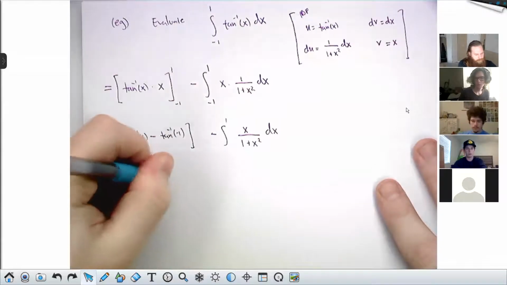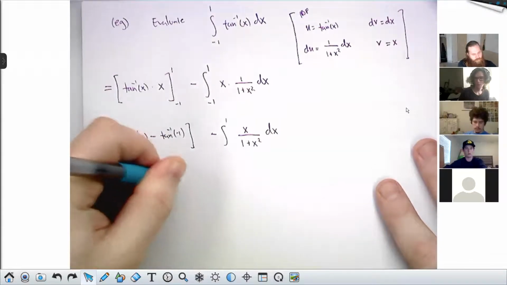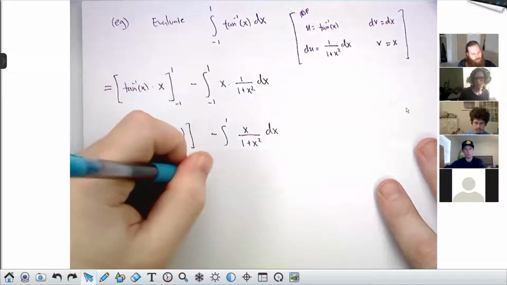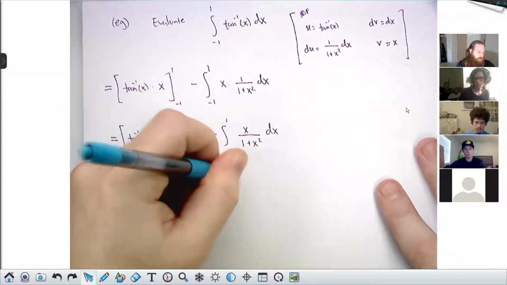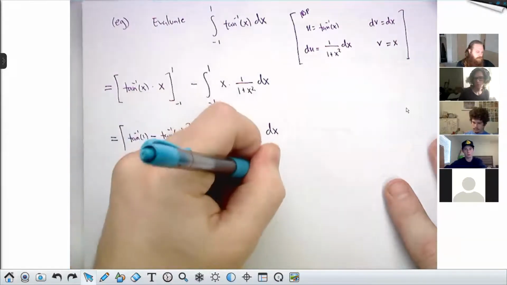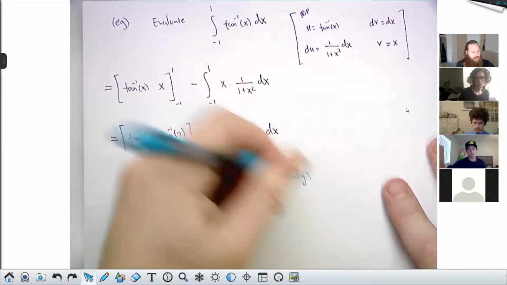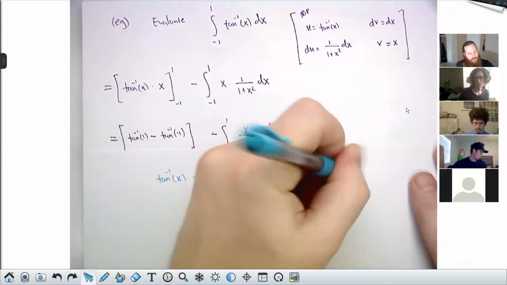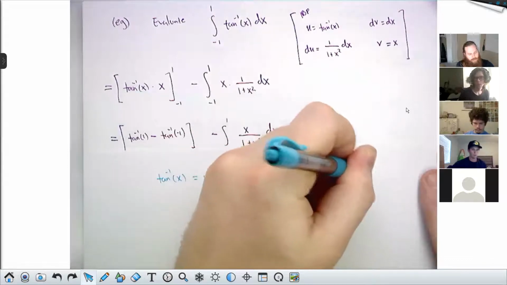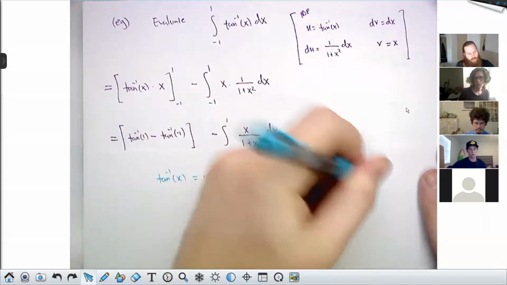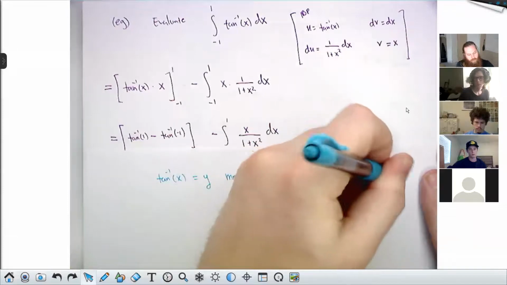The inverse tangent of x is equal to y means that x is equal to the tangent of y, and y is between -pi/2 and pi/2. Right?